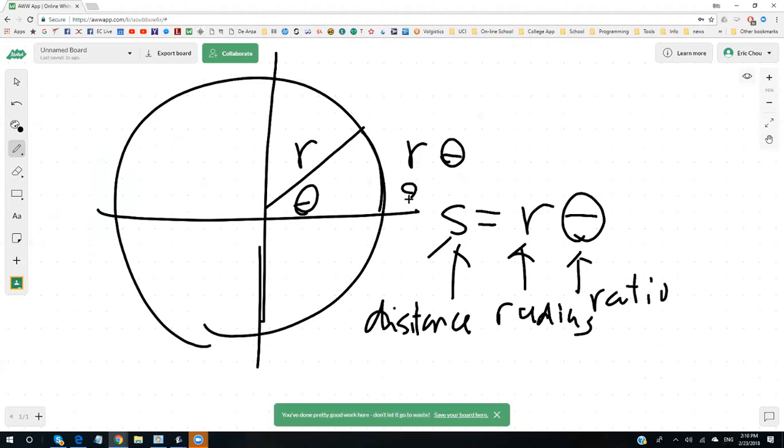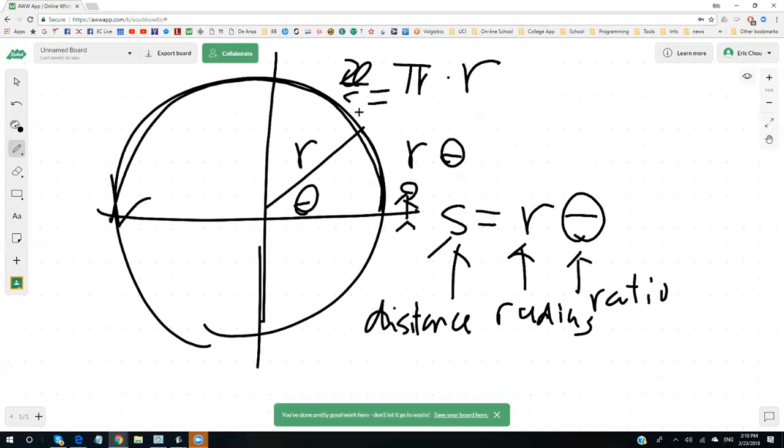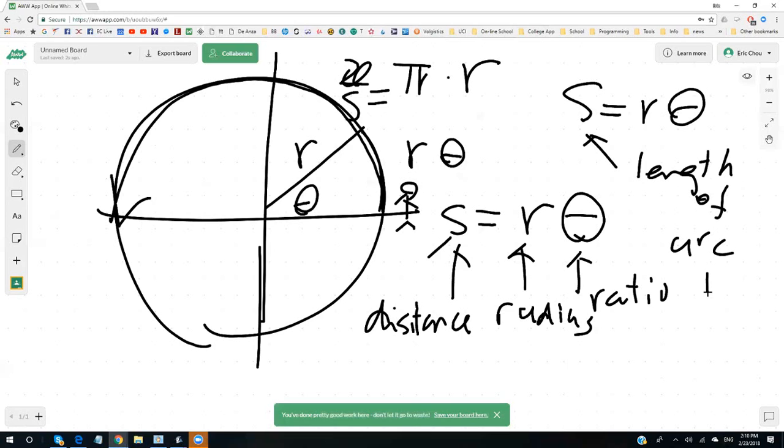So there's a guy running around a circle. How far does he run? He runs half a circle, so actually he runs pi times r. Let's call it s. So s is the length, also called the travel distance. Is that okay?